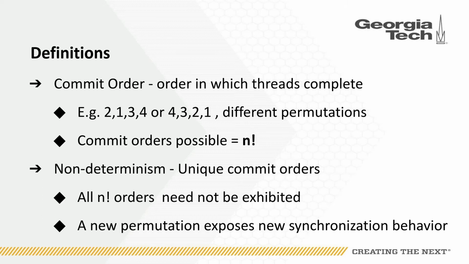More the number of unique commit orders or permutations, more the non-determinism. If a program always expressed or committed in one permutation, for example 2, 1, 3, 4, then the program would be a deterministic parallel program.